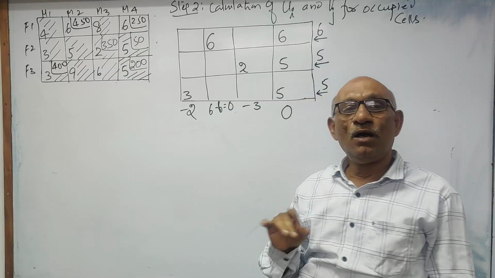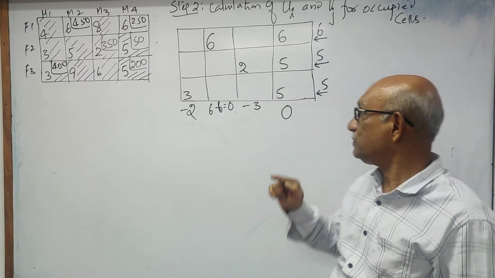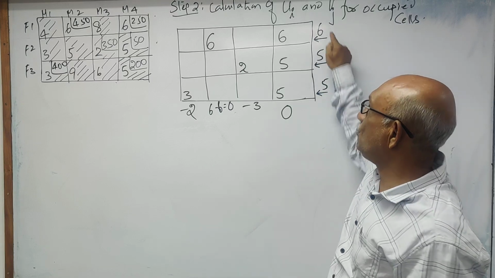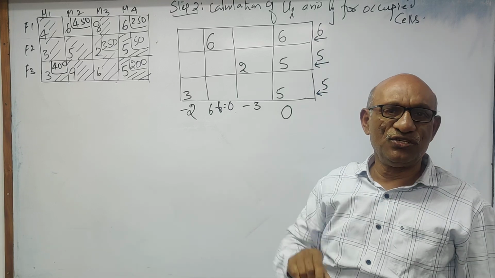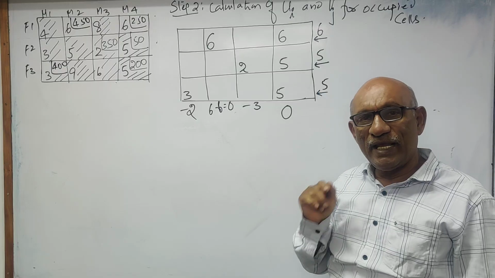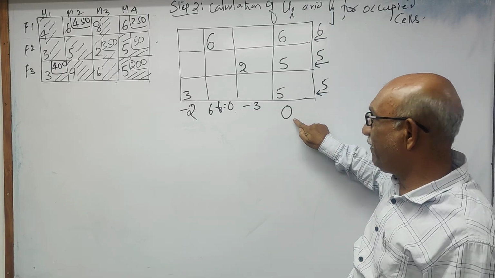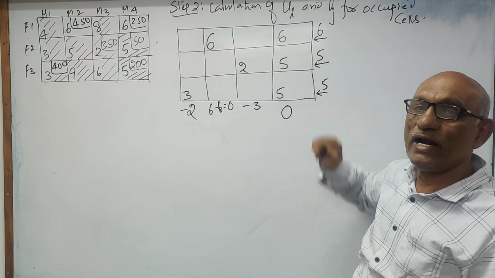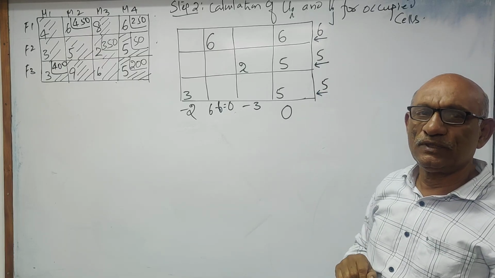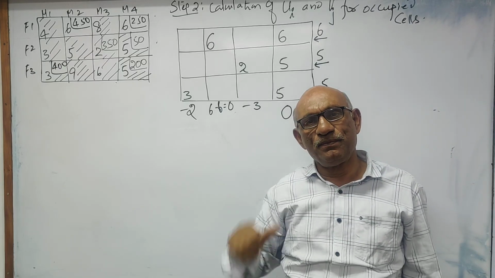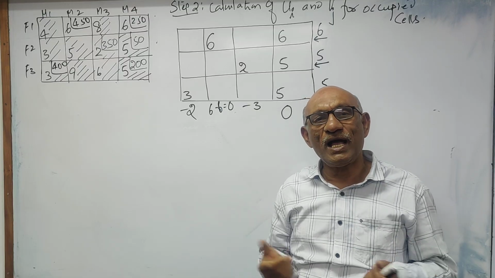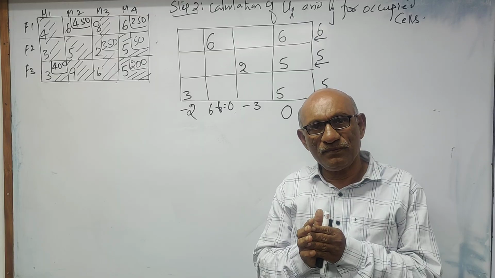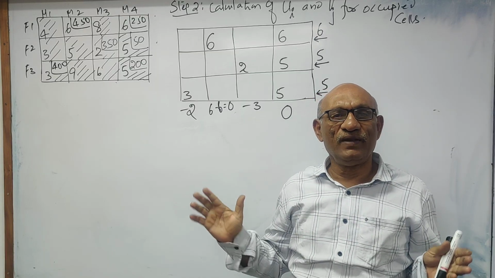Remember, sir, very important point here. If I change the position of 0, then my UI and VJ values will change. But don't worry, next step, when I am calculating the matrix UI plus VJ for empty cells, every one of us will get the same value.